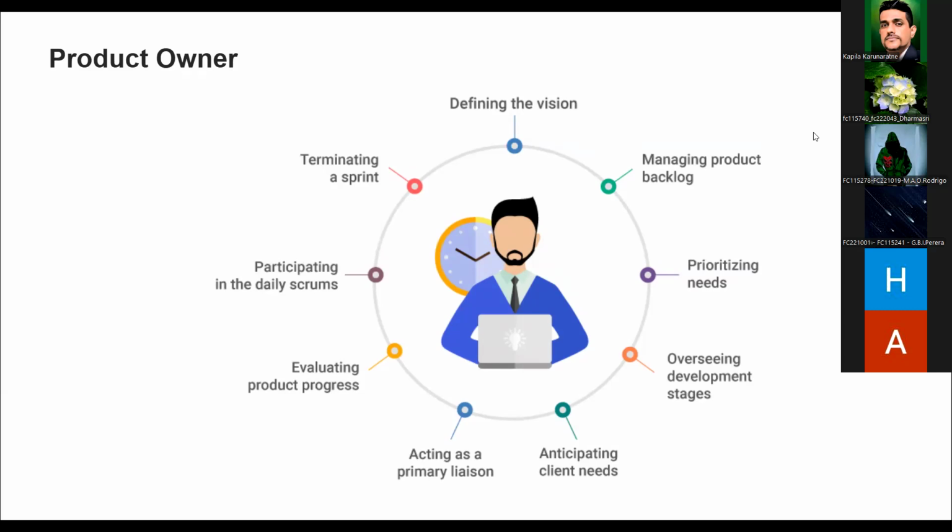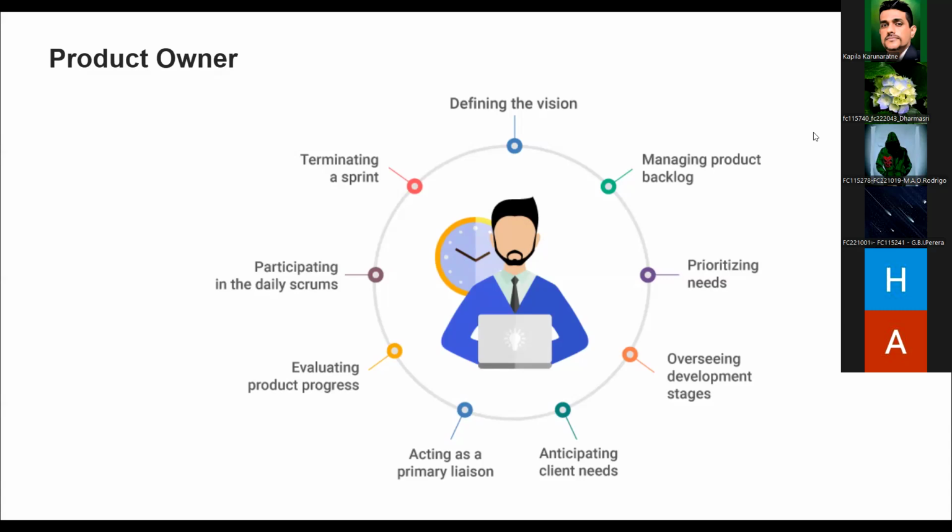He will start the sprint, complete the sprint, and drive it. Basically, he's a key person, and he will have the entire requirement understanding. He will know the product. He is the visionary leader who will guide the team on how this product has to evolve and be developed. So the product owner is a very key guy.